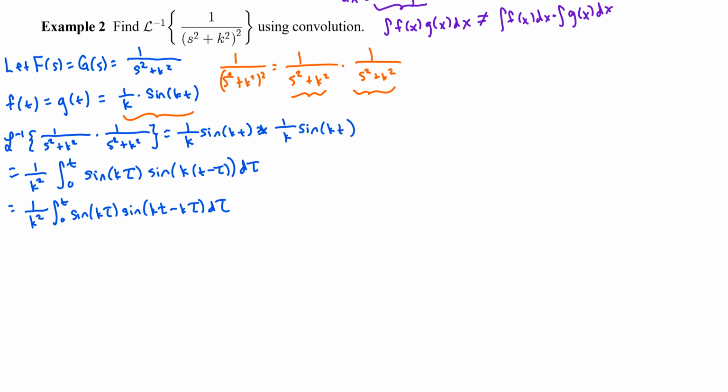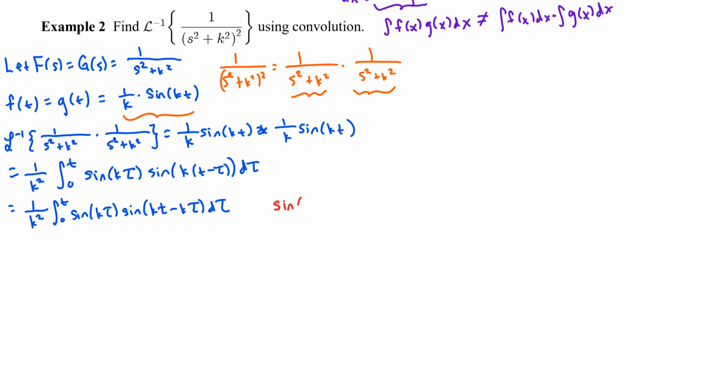Now we are integrating the product of two sine functions. And if you'll remember, you learned product to sum formulas probably in your Calculus 2 class. So you very likely do not have these memorized, but you should be familiar with them and be able to locate them.